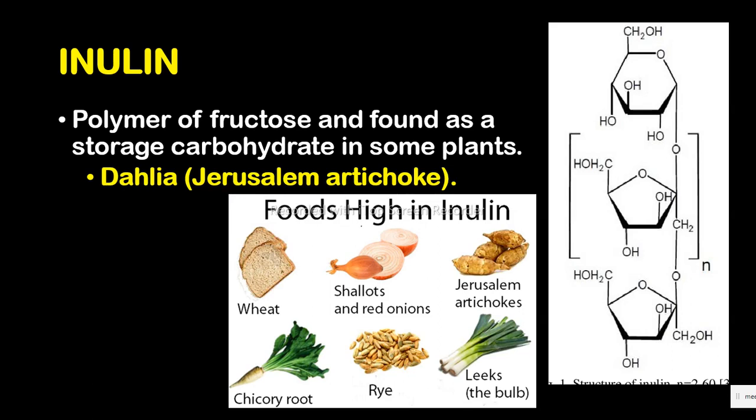And this one is a storage carbohydrate. It's a storage compound in most plants. In some plants, e.g., the Jerusalem artichoke, I don't know if we have these plants in Uganda. The red onions, this kind of carrot, and we have these onions in Uganda. So they are storage compounds.